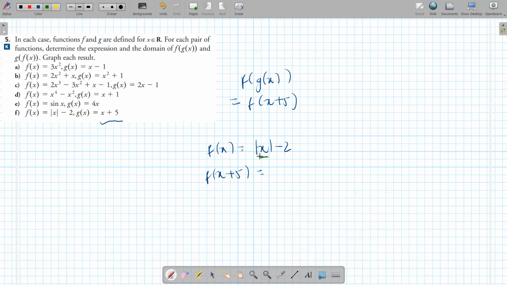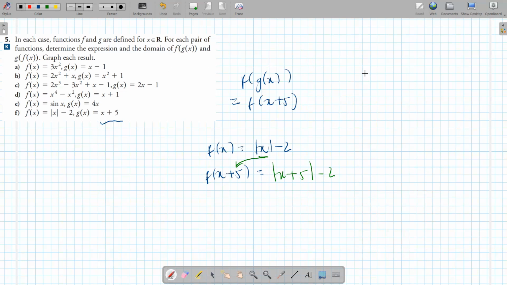You just want to replace this x with what you have in this bracket. So the absolute value of x plus 5 minus 2. So you get x plus 5 minus 2.